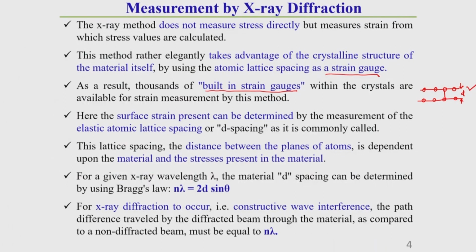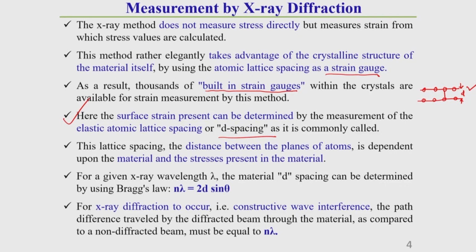So, we have taken advantage of this built-in strain gauge in X-ray diffraction techniques. The strain present can be determined by the measurement of the elastic atomic lattice spacing, what I have told you, that means by measuring the D spacing, the atomic layer to layer distance.